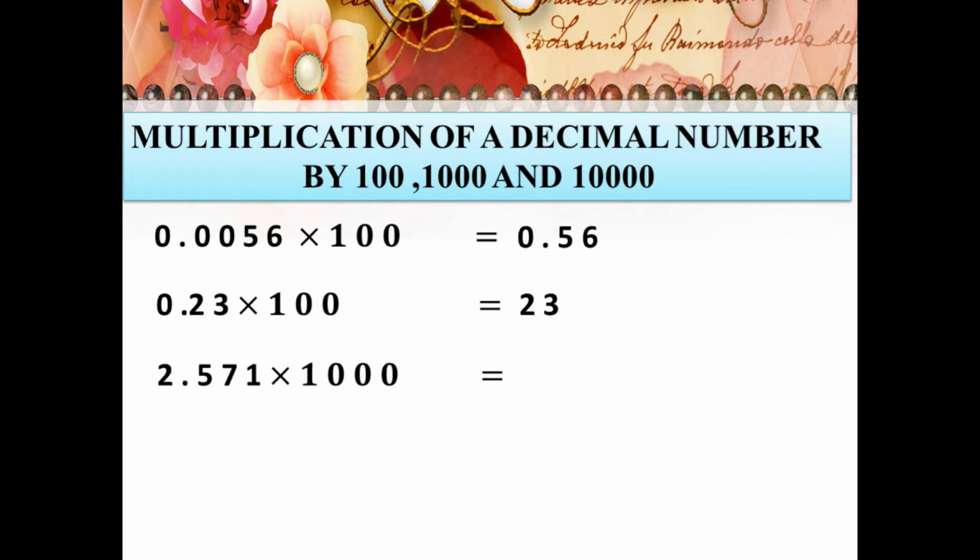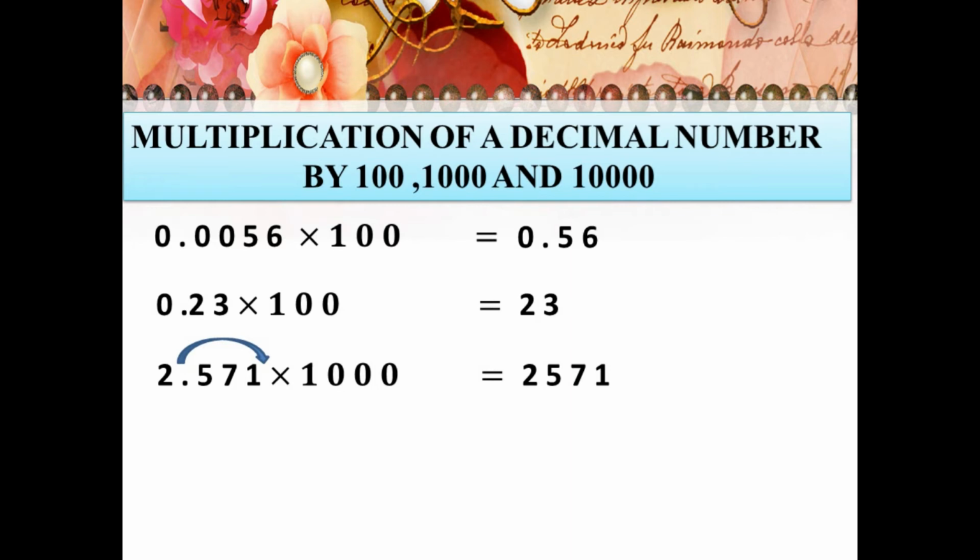Next question is 2.571 into 1000. 1000 has three zeros. So, the decimal point moves three places to the right. So, the answer is 2571.0. If the decimal point moves to the right end of the given number, no need to show that. You can leave it.